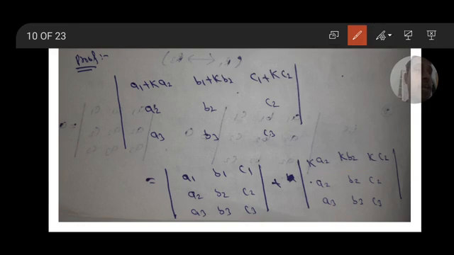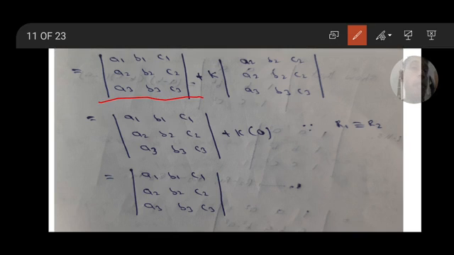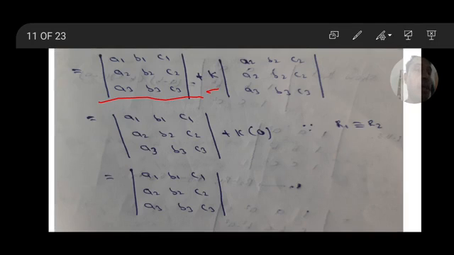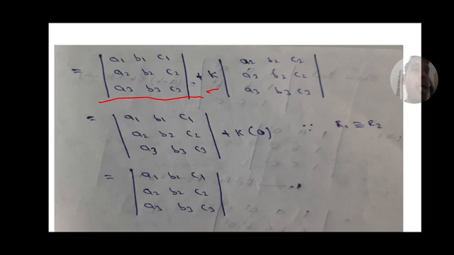Okay, k is outside. A1 B1 C1, A2 B2 C2, A3 B3 C3 is same, and k is outside in the first row. So A2 B2 C2 we will get A2 B2 C2, A2 B2 C2, A3 B3 C3. Okay, next, two rows are identical here.